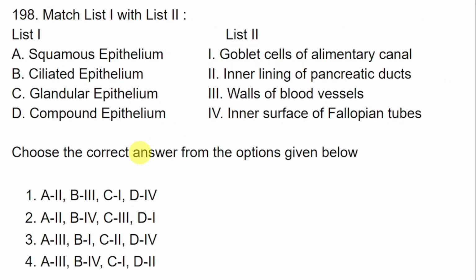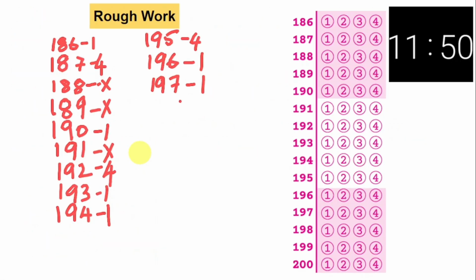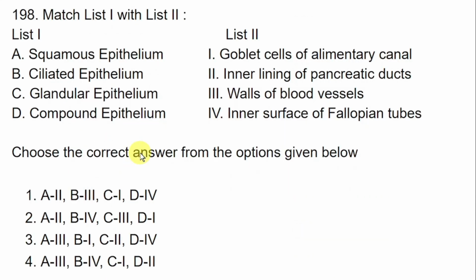Next, skip this. 198. We are skipping. 1, 2, 3, 4, 5, 6, 7, 8, 9. Just one question we need.